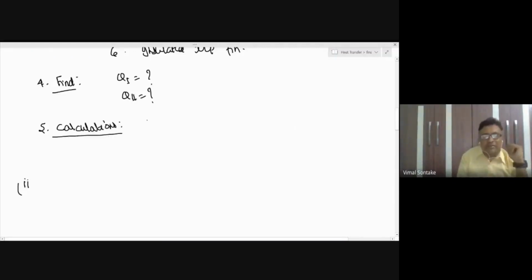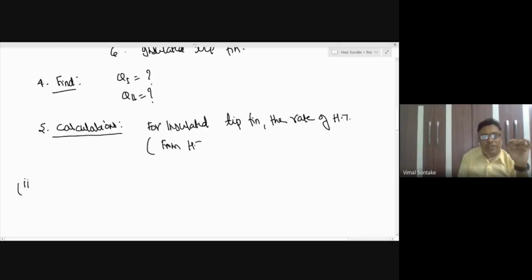So once again, we are interested to calculate heat transfer rate by insulated tip fin. So once again, from data book, for insulated tip fin, the rate of heat transfer, always write down this from HT data book.